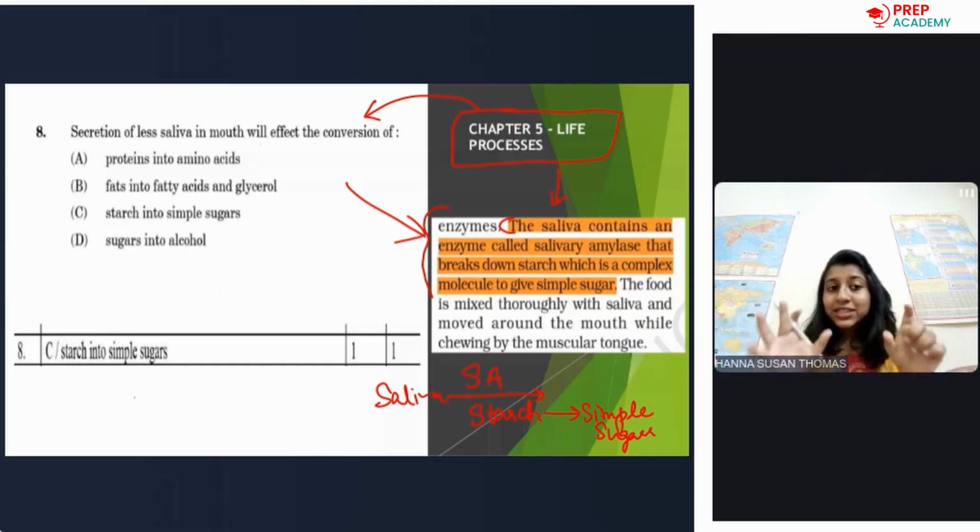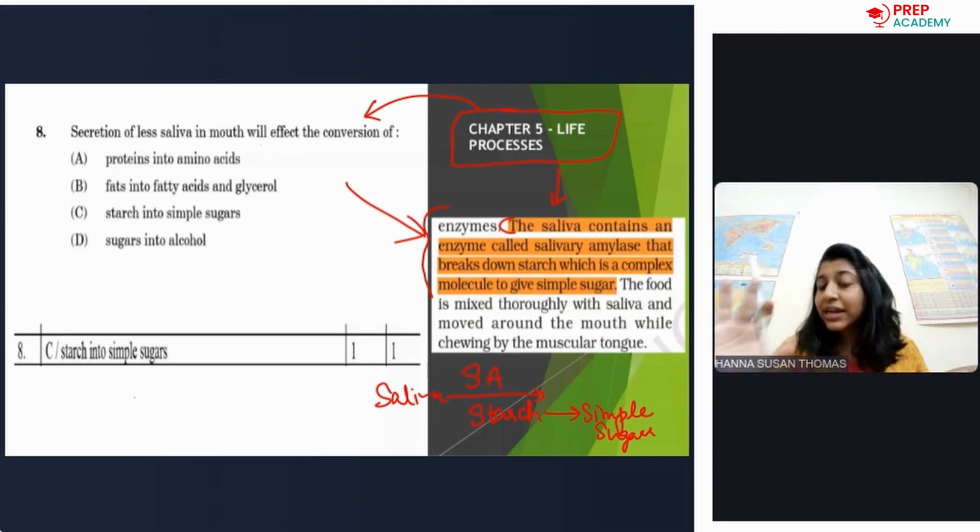In this question, what is given here? Secretion of less saliva in mouth will affect the conversion of. From your textbook you understand that saliva has an enzyme called salivary amylase, and with its help starch can be converted into simple sugars. If you understand this conceptual clarity, you'll easily tackle this question.